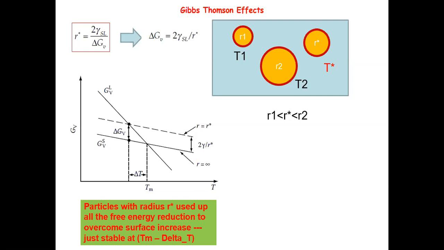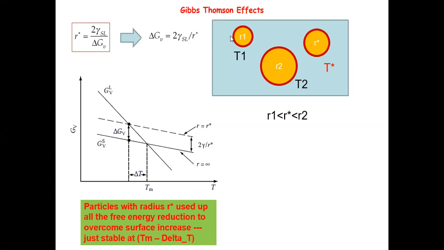Now from the geometrical consideration, we know for a fact that for this temperature T star, any nucleus that has a radius larger than R star is going to be stable and further grow, and any nucleus that has a smaller radius than R star is not stable and is going to melt back. So we know that this one is going to grow and this one is going to melt back.